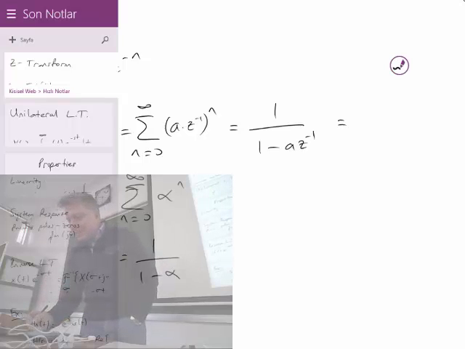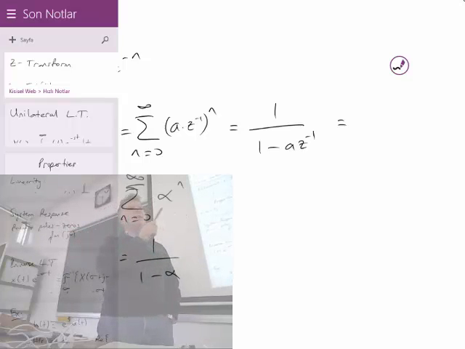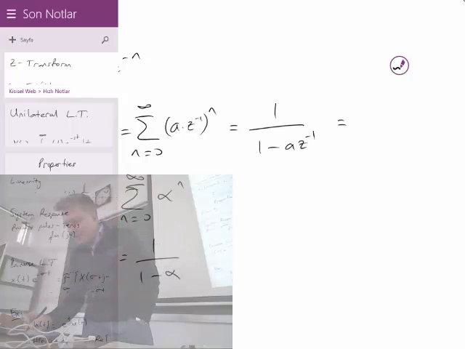As you see, the way to understand the pole is not very complicated, but it may be easier if you just expand the whole formula into a simpler format to directly see what the pole can be. Let's multiply the numerator and the denominator by z, and then we will have z over z minus a.